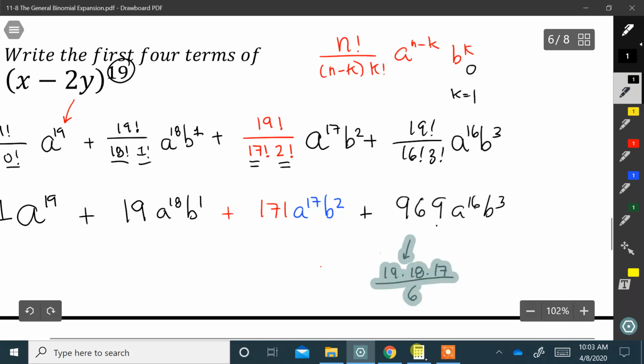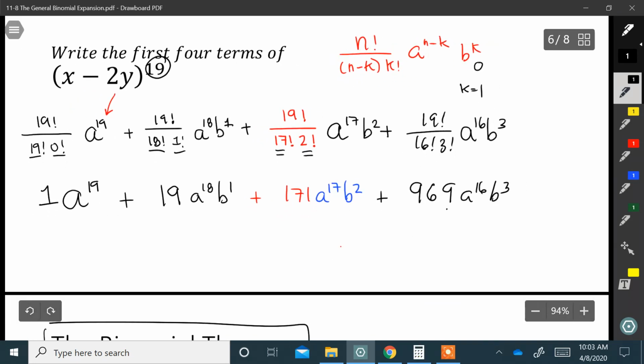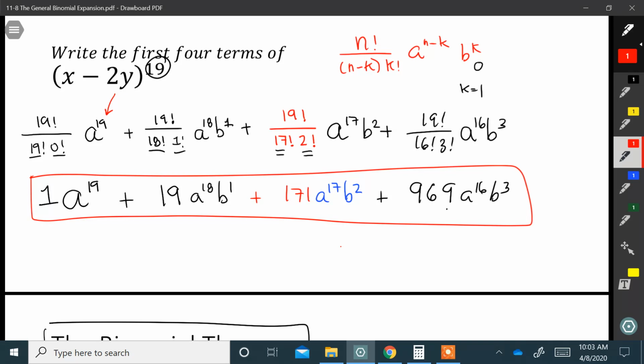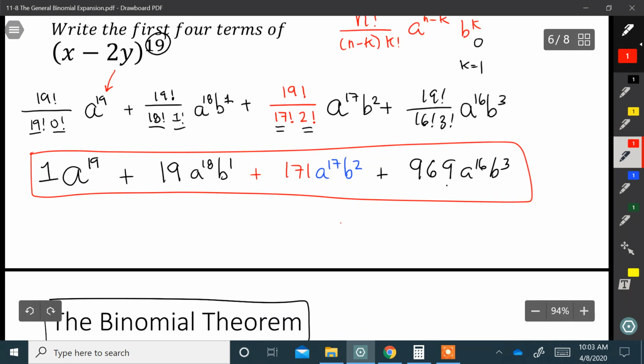All right, awesome. So those are my first 4 terms. Most of the homework is going to ask you to find this right here. Now, we do have to replace that a and that b with the actual numbers. For a, I'm going to replace it with x. So this is going to become x to the 19. And then this is going to become x to the 18.